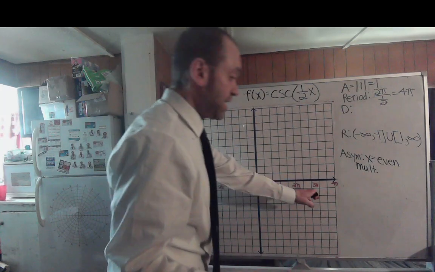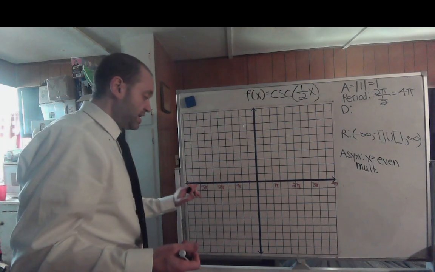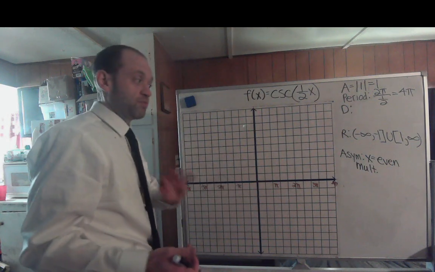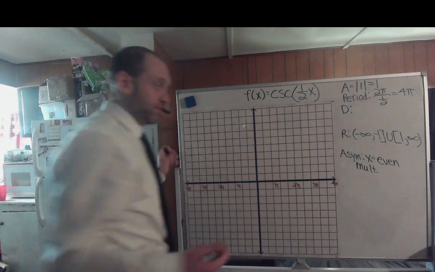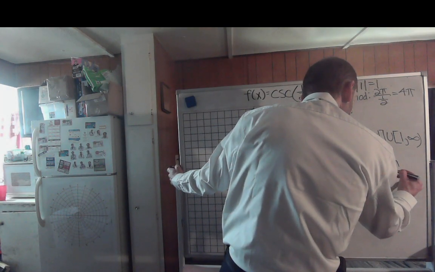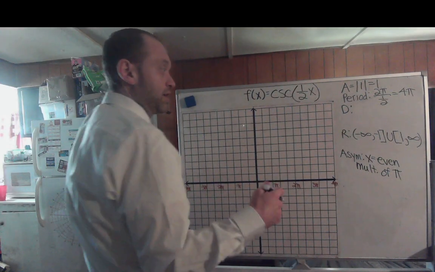So at 3 pi, you're fine. At negative pi, you're fine. Negative 3 pi, you're fine. It's those even multiples of pi where you're not fine. So x literally equals even multiples of pi are your asymptotes.